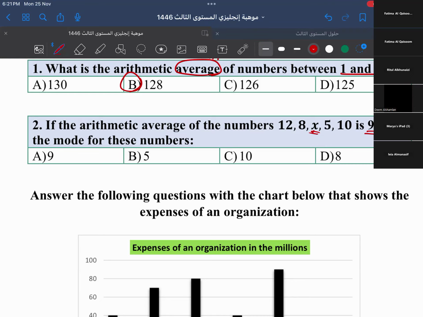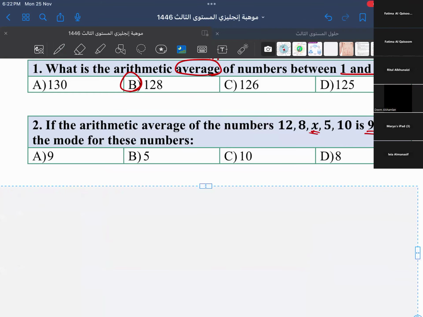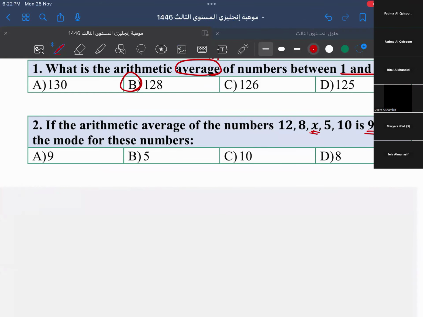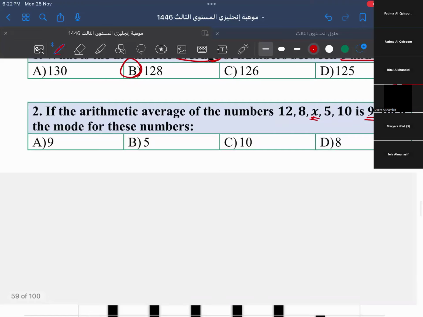So what we are going to do is write the equation of the average, okay? We know that the average is the sum of the numbers, so it is 12 plus 8 plus x plus 5 plus 10 over what?